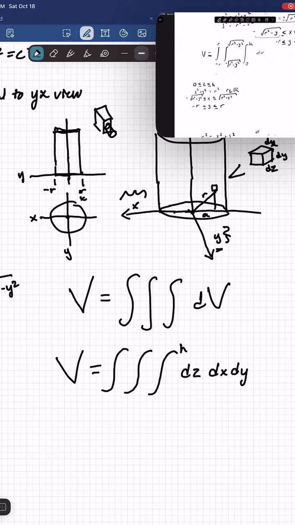And so that's h to 0. Z is the square root of r squared minus y squared.